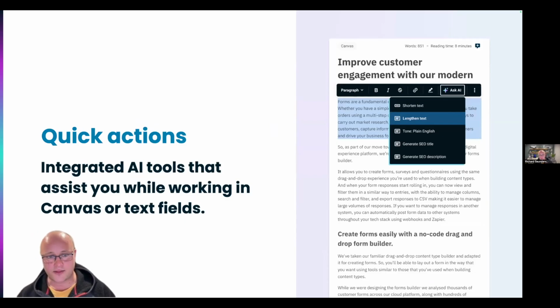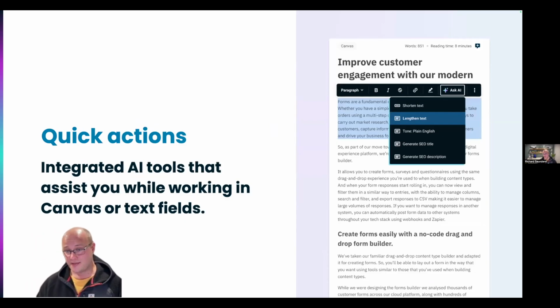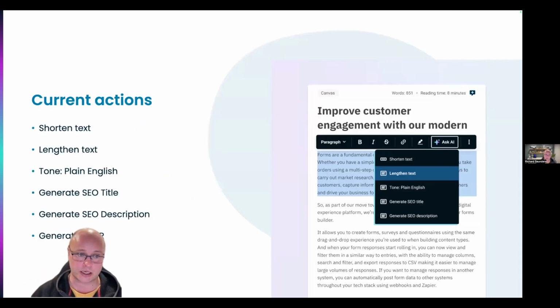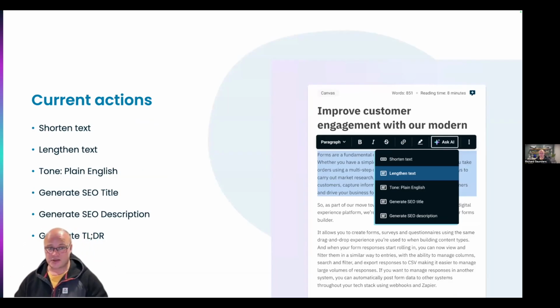So the first thing that we've got AI in is within the Canvas interface. So you can make text selections and execute what we call quick actions straight from the toolbar. So some examples could include shortening text, lengthening it, changing the tone to plain English. We've included this one because it covers GovUK principles.